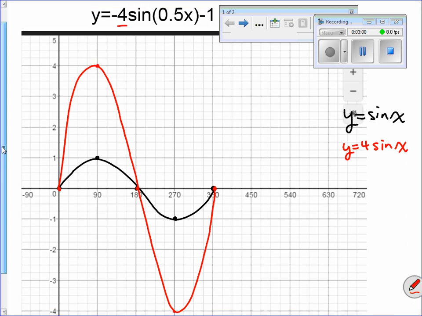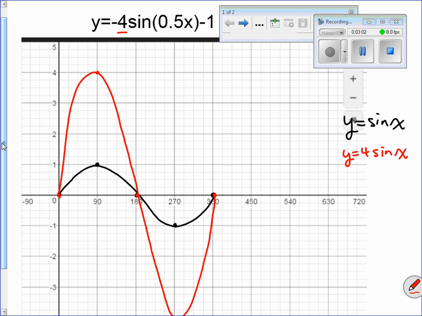The next thing we have to take a look at is the minus sign. The minus sign of this graph flips my graph. So I'm going to write the equation y is equal to -4 sine of x. By doing so, all of these points that we have here are going to flip.